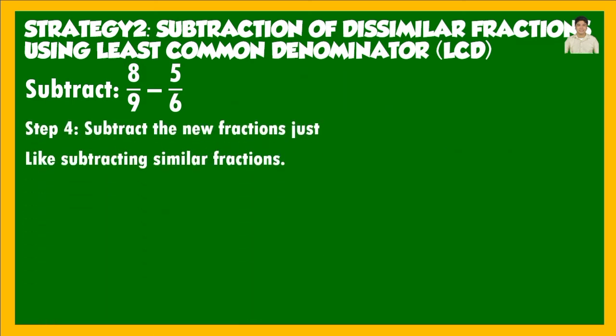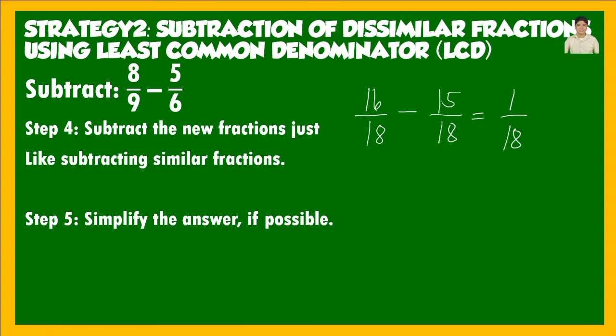Now, subtract the new fractions just like subtracting similar fractions. So, yung nakuha po natin similar fractions kanina, we have 16 over 18 minus 15 over 18. So, dahil similar fractions na sila, we'll just simply subtract their numerators. 16 minus 15, we have 1 over 18.